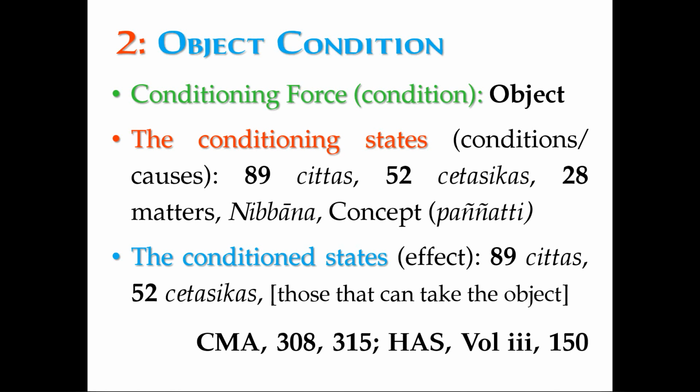Because of 6 objects, cheta and chetasika arise. In other words, looking at it another way, cheta and chetasika take the 6 objects. For that reason, only cheta and chetasika can be obtained as the effect.